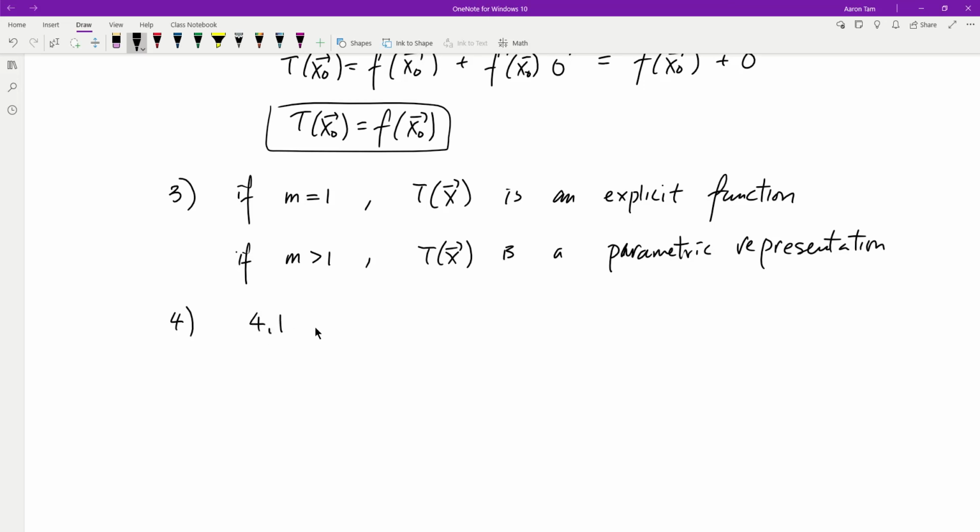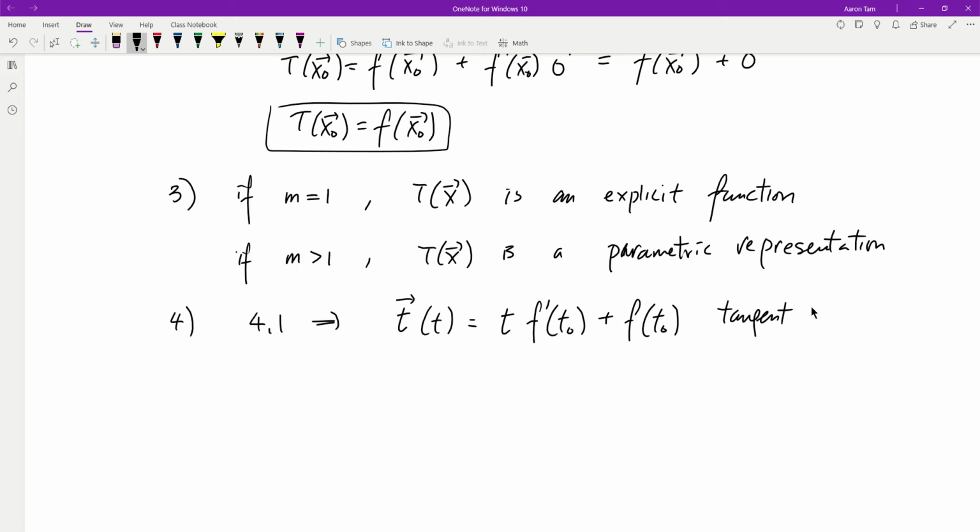In 4.1, we learned this tangent line formula. I don't remember if I used vector T of t, but I think that's what the textbook used. Actually, I think I wrote it this way. So this is the tangent line formula.